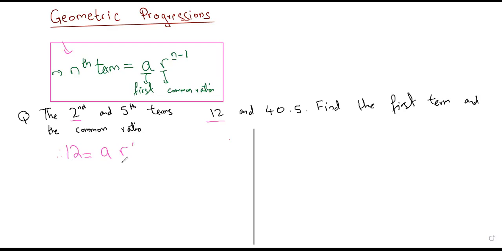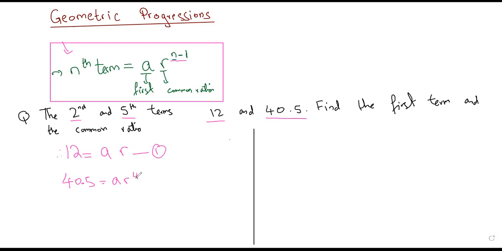So this is the first equation. There's no point in writing down 1, so I leave it this way. The second equation is that the fifth term is 40.5. So 40.5 equals a into r power n minus 1. Fifth term means 5 minus 1, that is 4.